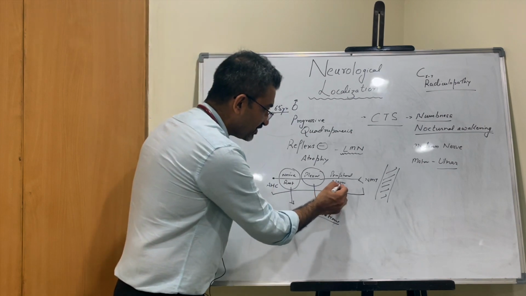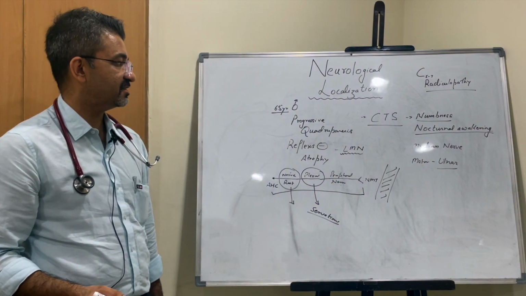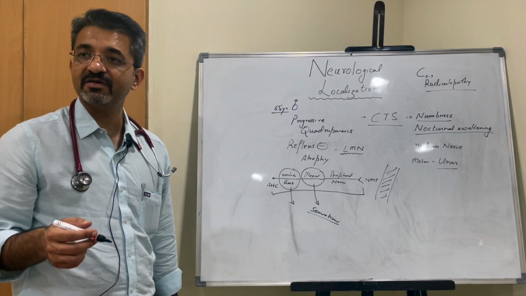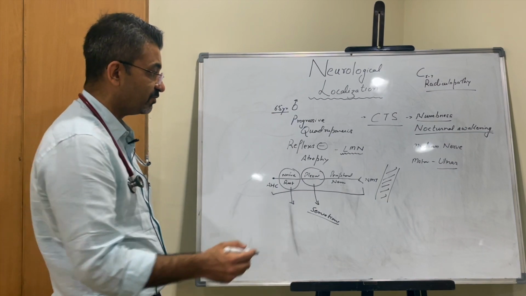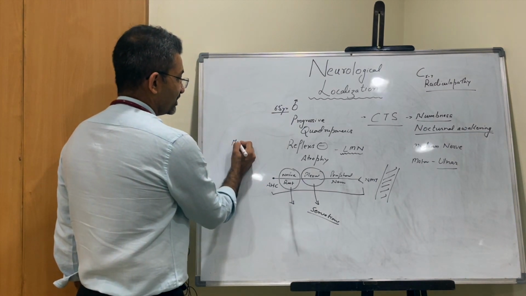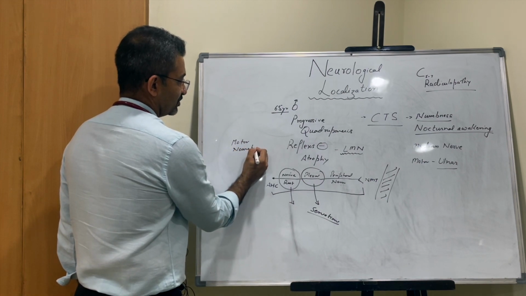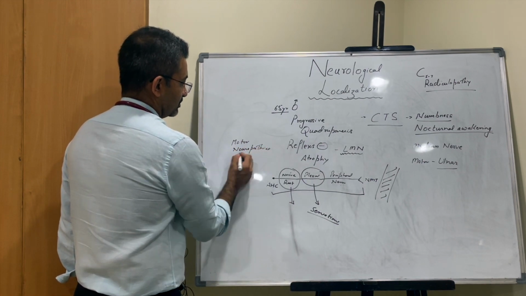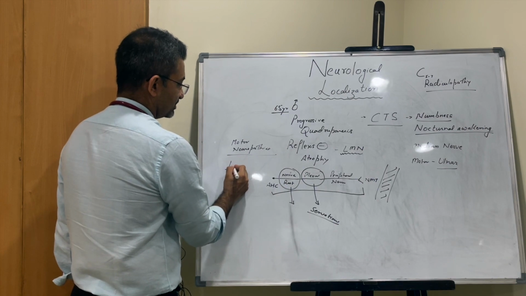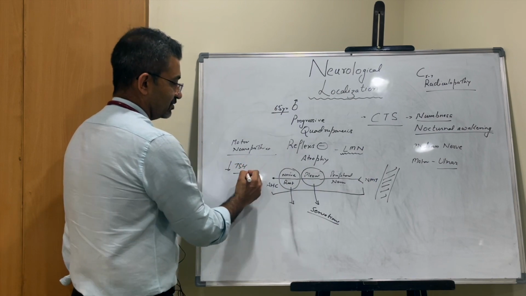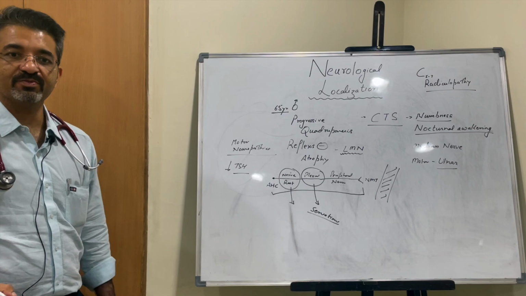Can you have peripheral nerve involvement wherein the reflexes are absent and atrophy can be present? Yes. You have motor neuropathies. Say, for example, where you have decreased TSH, thyrotoxic motor neuropathy.